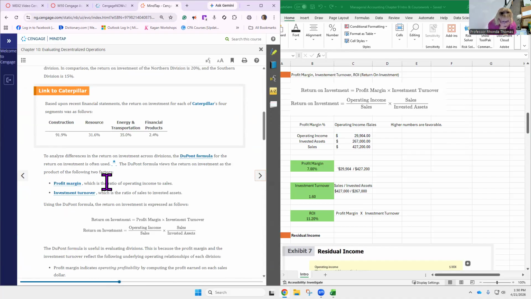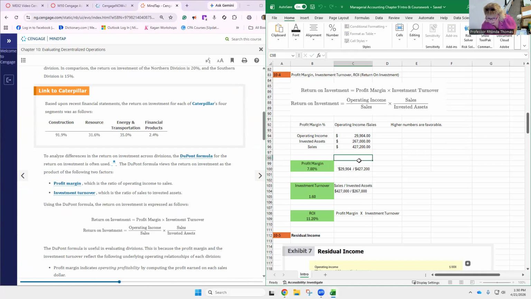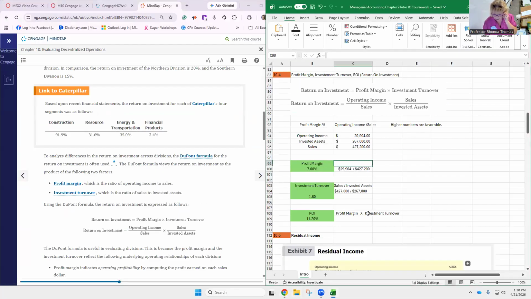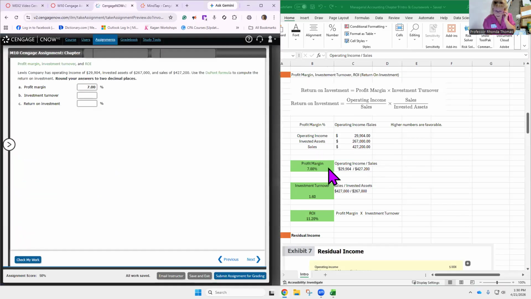Once again, the formula is the operating income divided by the sales. There it is. Okay, so we want that one to show. So that's the formula, and I got 7%. So for every dollar of sales we have, we're hanging on to 7 cents of every dollar.